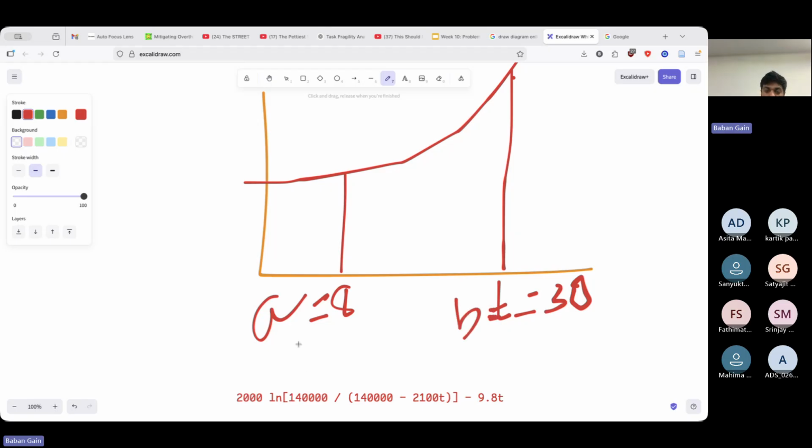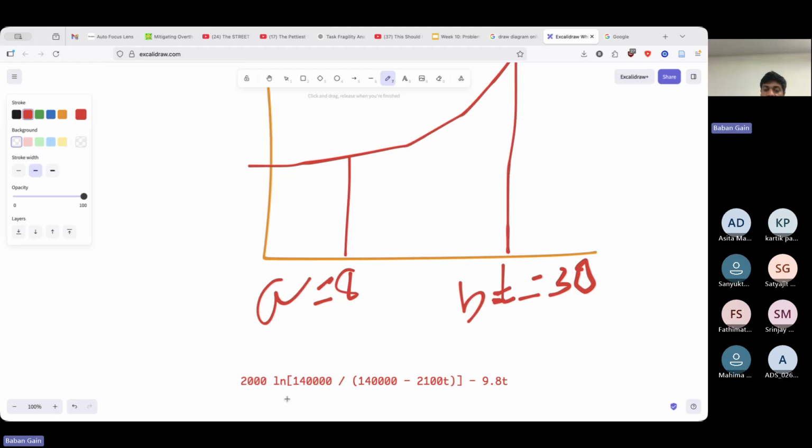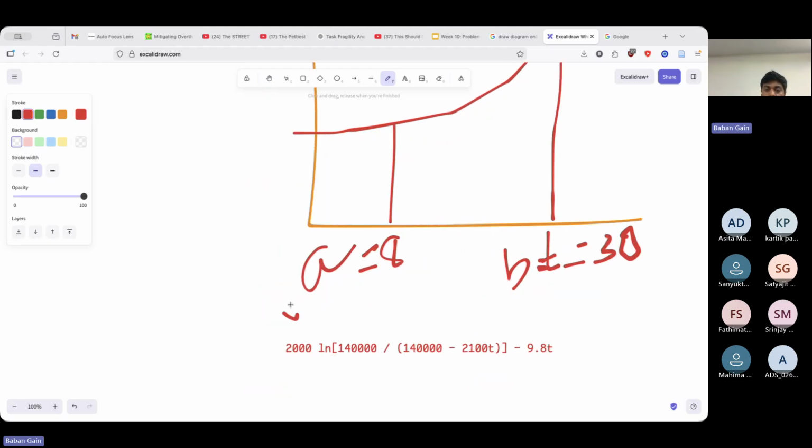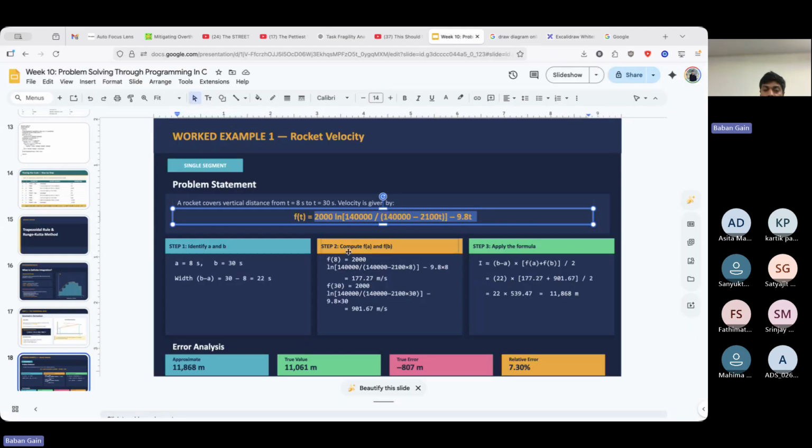So assume that we are calculating this one. What will be y1, or y at A? In place of t, you just have to give 8. If you replace t with 8 here, you will get this value, 177.